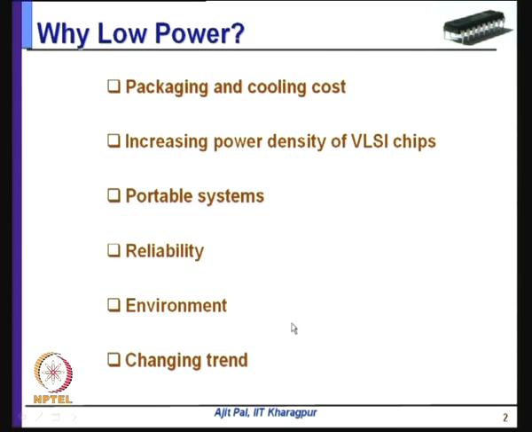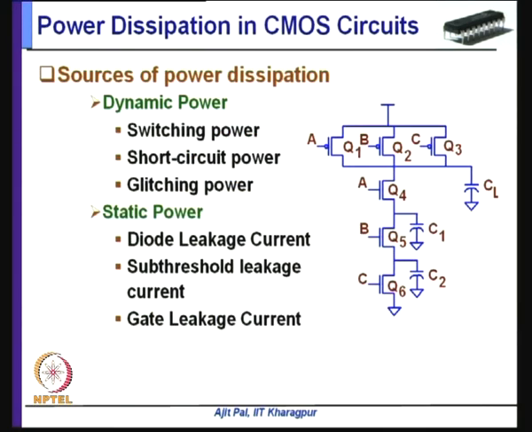Now, let us see how we can really go for low power. To design circuits for low power, it is essential to identify the sources of power dissipation. Only then can we go for reducing the power dissipation or go for design for low power.